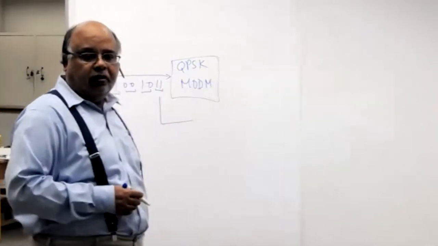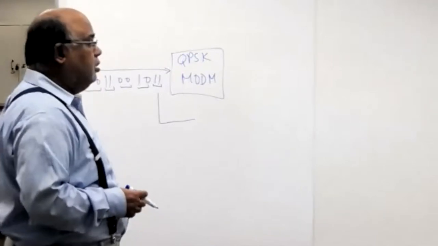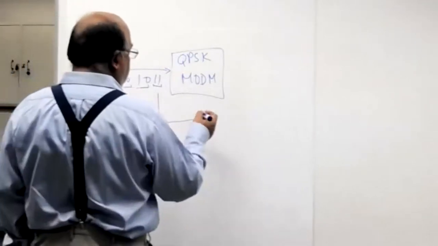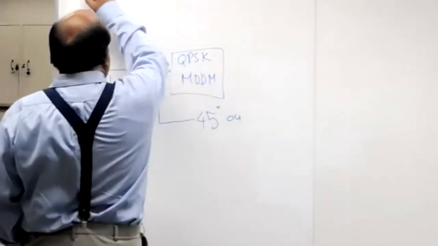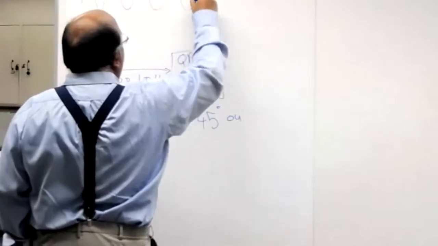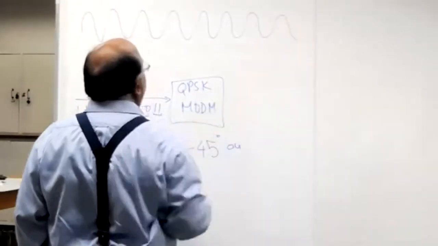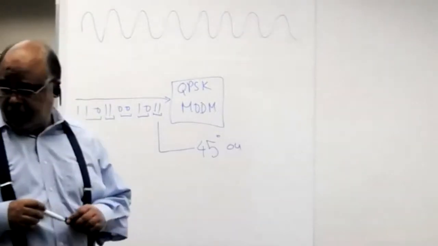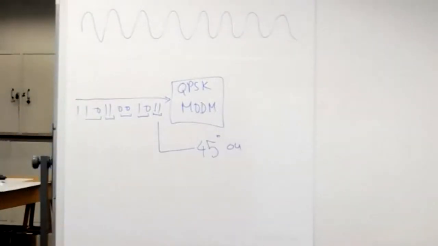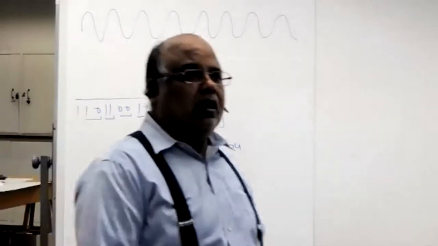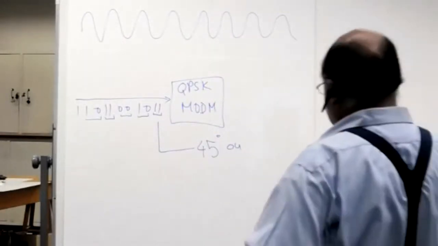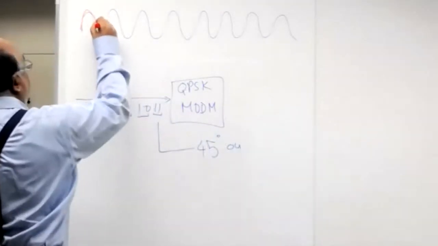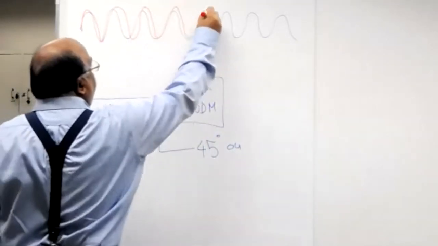What was that in the diagram? 45 degrees, right? 45 degrees out of phase. So this was the fundamental frequency, and a 1 1 signal will be sent with a 45-degree phase shift.